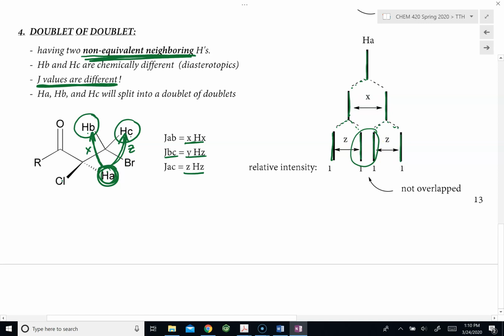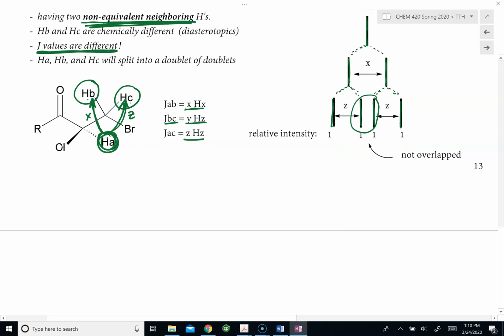And therefore they show up as signals with the same intensity as the signal on the left and the signal on the right. So the relative intensity of these four signals will be 1 to 1 to 1 to 1. And if we redraw this, it will look something like this. Here, this is called a doublet of doublet. And again, notice how the intensity of all of these signals is the same, 1 to 1 to 1 to 1 in terms of their ratio. So that is when we will see a doublet of doublet.